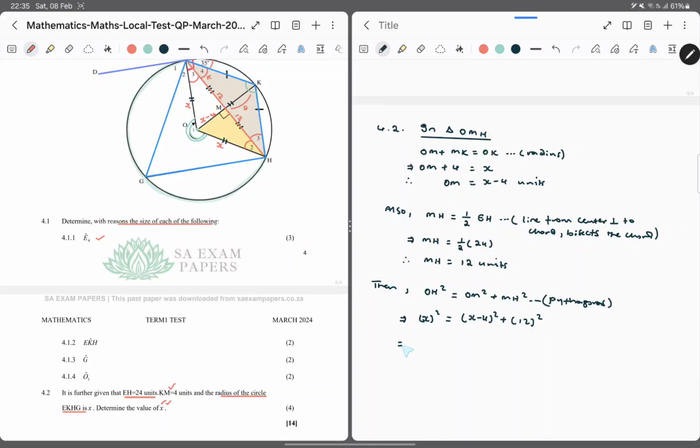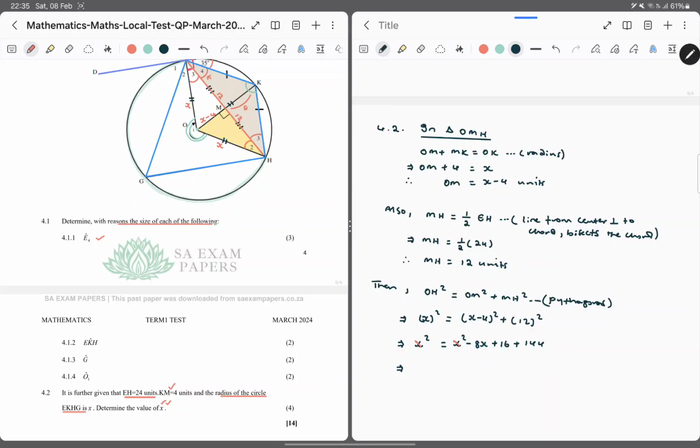Now we can see that a quadratic equation is coming for us. When we FOIL this out, it's going to be x squared minus 8x plus 16 plus 144. Thank God x squared is the same sign on either side of the equation, so it will disappear.